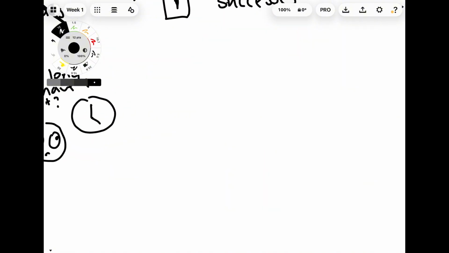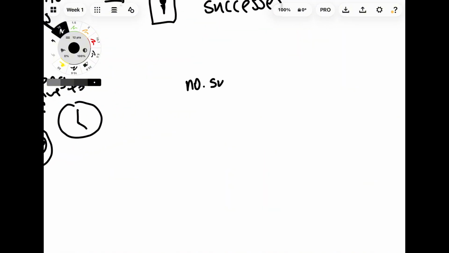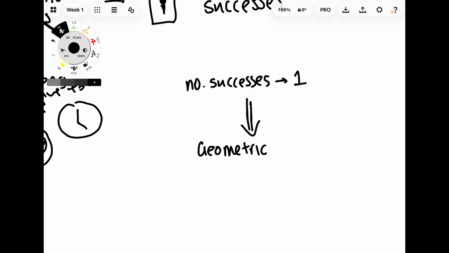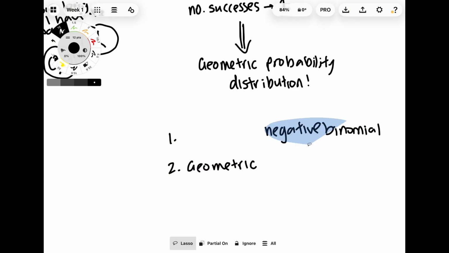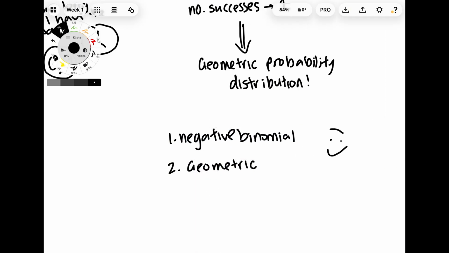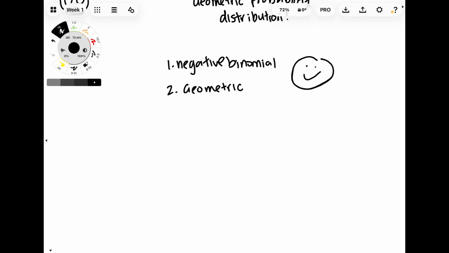Something interesting is that if you set the number of successes to 1, you would get a geometric probability distribution. I've noticed that the geometric distribution is often introduced before the negative binomial distribution. However, I personally find it more intuitive to understand the negative binomial first, since the geometric distribution then appears naturally as a special case when the required number of successes is 1.